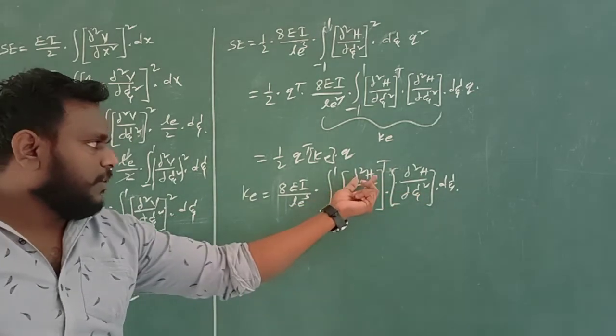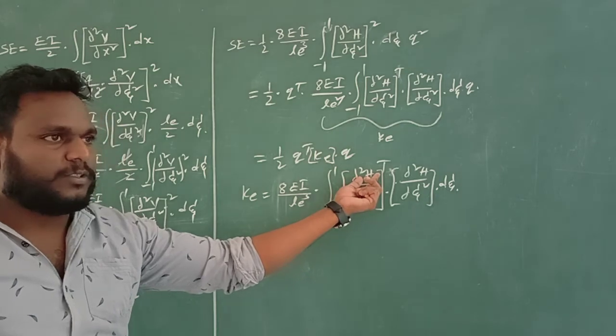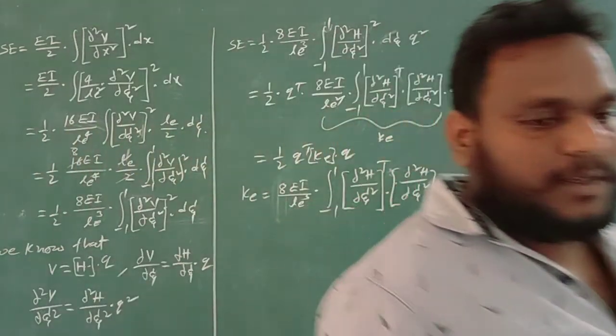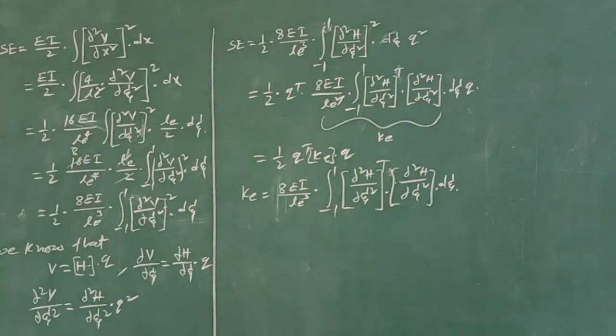Okay, I can write the Hermite shape functions here. I have already derived the Hermite shape functions for this element, so I will just write them there.